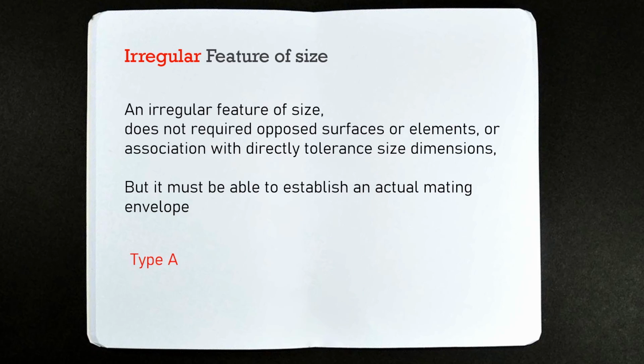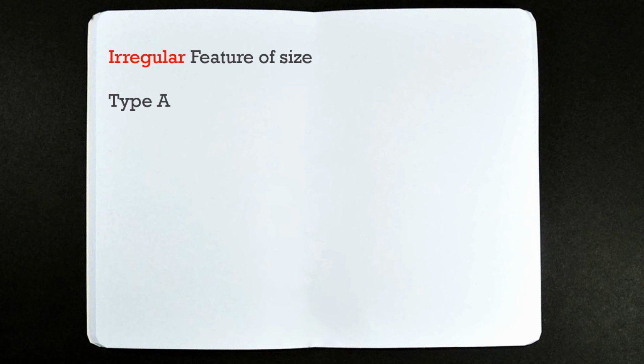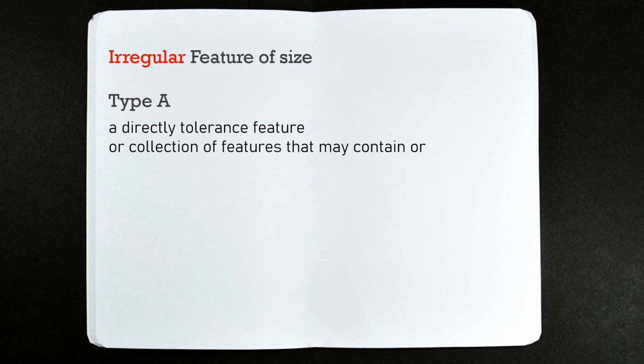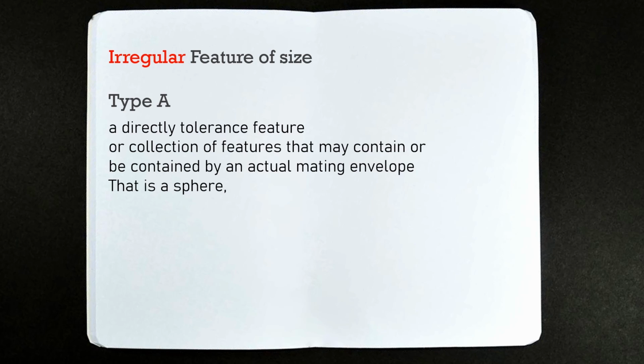So there are two types of irregular features of size, type A and type B. Type A is a directly toleranced feature or collection of features that may contain or may be contained by an actual mating envelope, that is a sphere, a cylinder, or a pair of parallel planes.